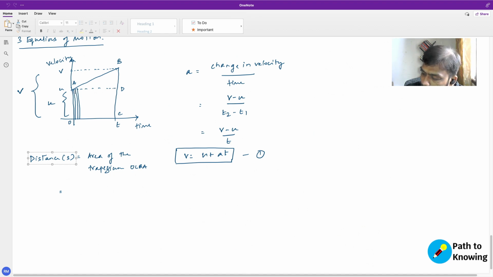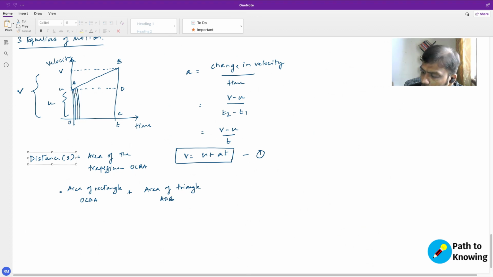So which is basically your area of rectangle OCDA plus area of triangle ADB.